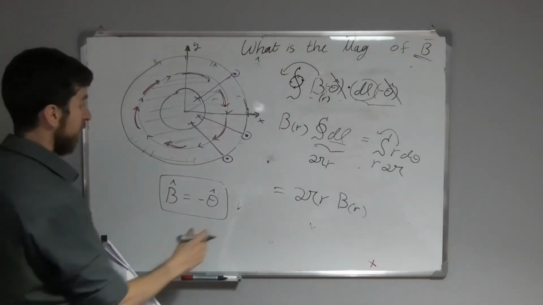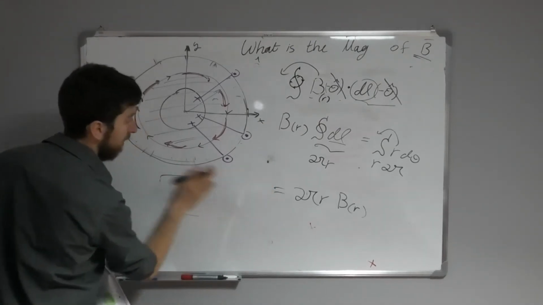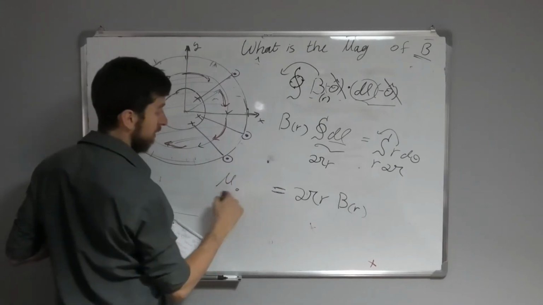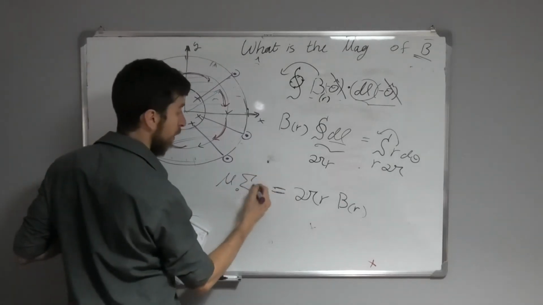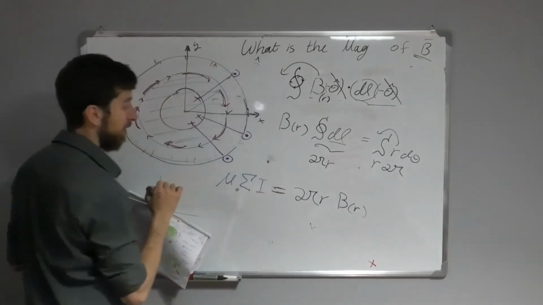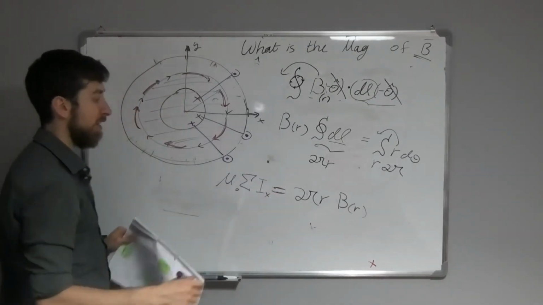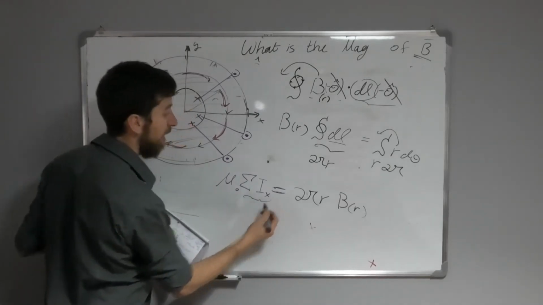That's the idea. So I can say that this one is equal to what? To the constant, as the equations say, times the sum of all the currents that penetrate. And which ones penetrate? The ones going inside. And how many of those do I have?